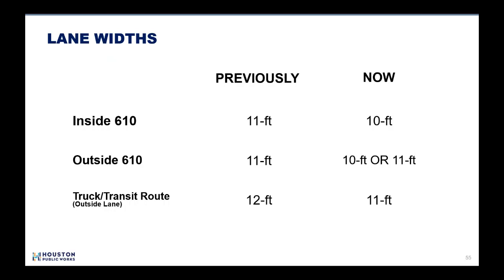And then finally, we acknowledge that anytime there's a heavy truck route, or if there's a high capacity transit route where there will be a lot of buses running, 10 might not be comfortable. Every vehicle should fit within a 10-foot lane, but we have worked with our transit agency and trucking organizations to understand that 11 feet might be appropriate for an outside lane on those streets. So you might have a street that has a mix of different lane widths, and that's okay.